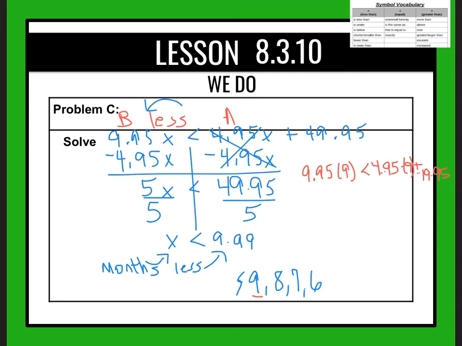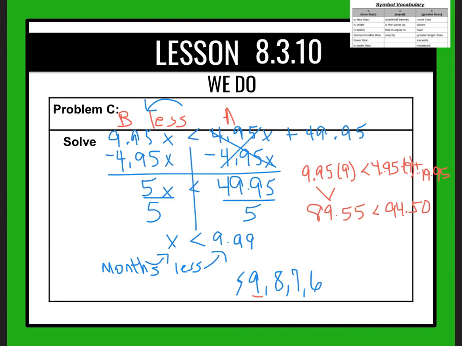When I multiply $9.95 times 9, that brings it to $89.55. Now I'm typing $4.95 times 9 plus $49.95, and that's going to give me $94.50. So this is true.